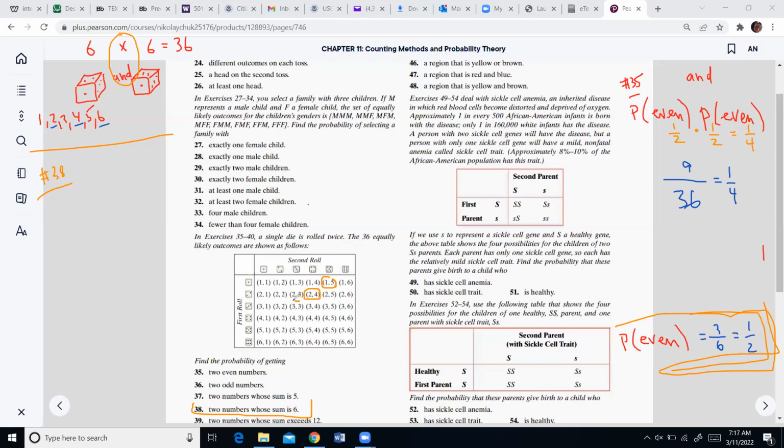I say, Alex, looks like if you go along this diagonal, 3 and 3, and then down to 4 and 2, and then finally 5 and 1, and that will give you the answer, right? So we can say probability that sum is 6. We're going to have out of 36 total possibilities, 5.